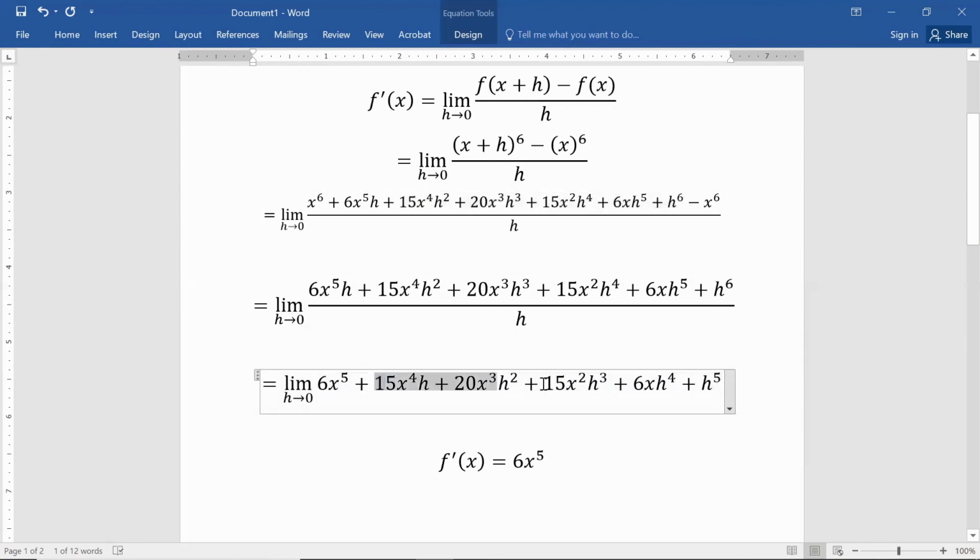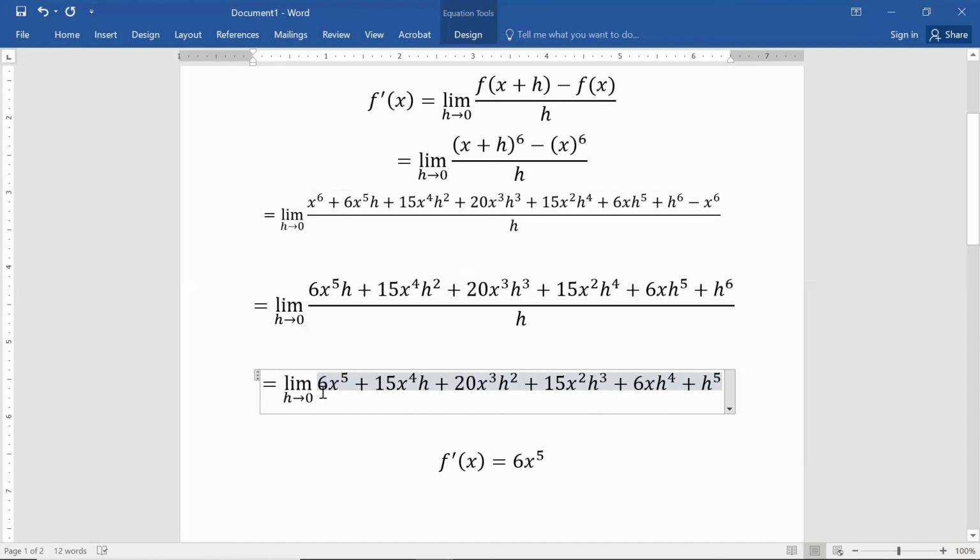So eventually, they're all going to end up giving you a 0. And we'll just end up with this second term. And so the power rule is a consequence of this second term always being the power times x to 1 less than the power.